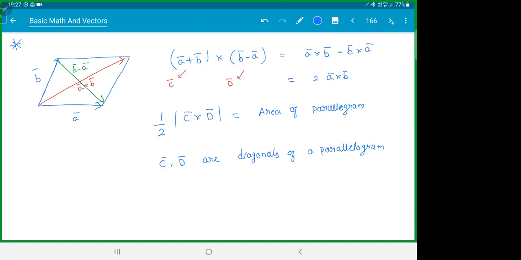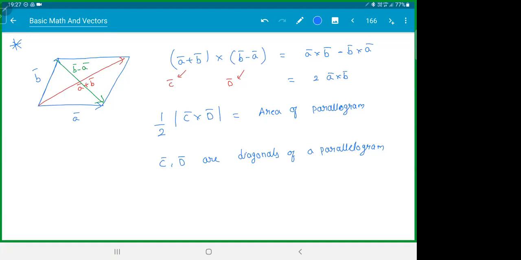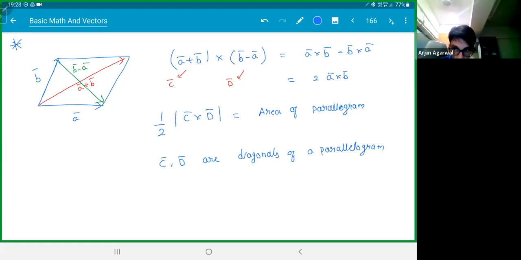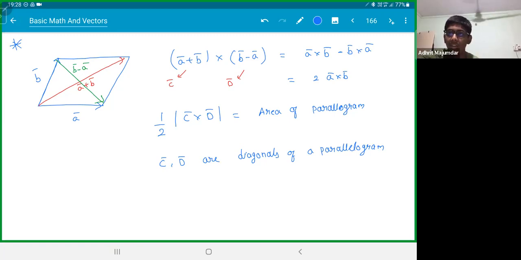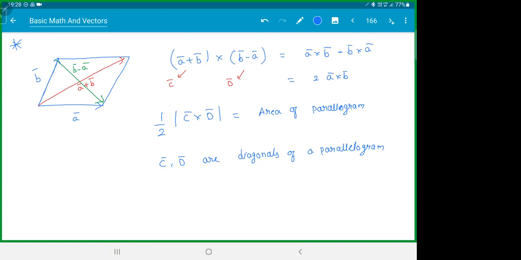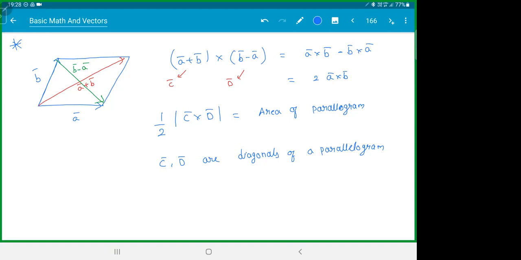If it's a rhombus, the cross product will come 0, right? Because the diagonals will be perpendicular, no? Yeah. Correct, the dot product would have been 0. Cross is not 0, dot will be 0.